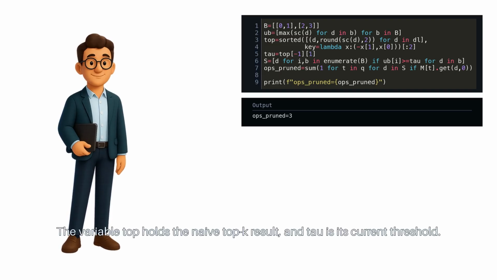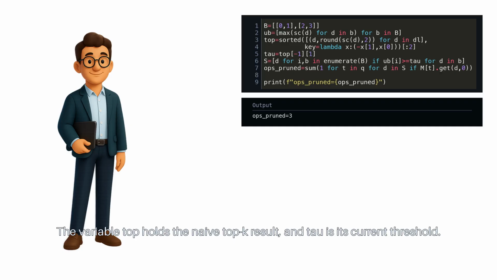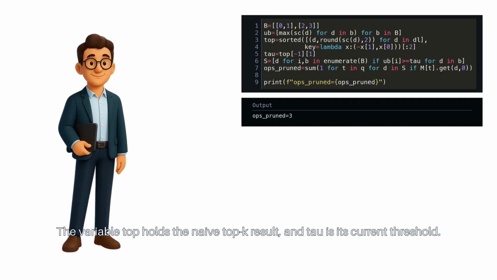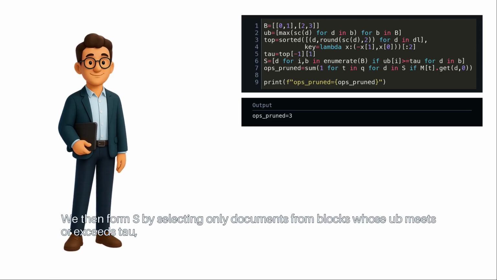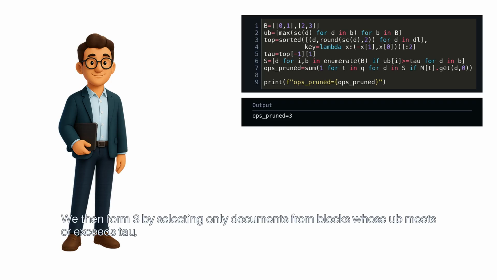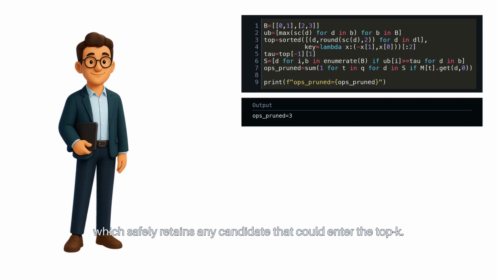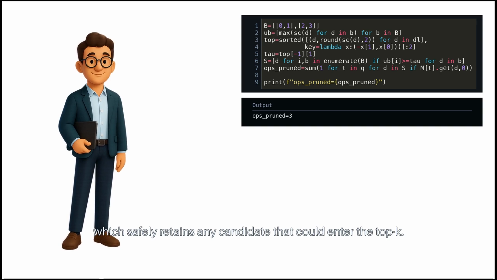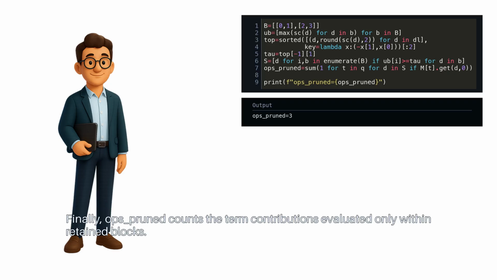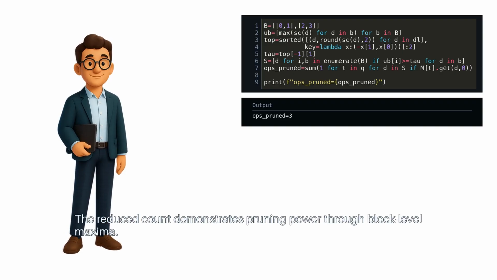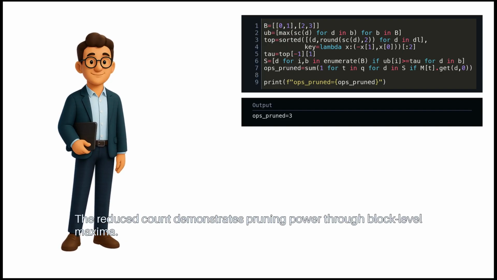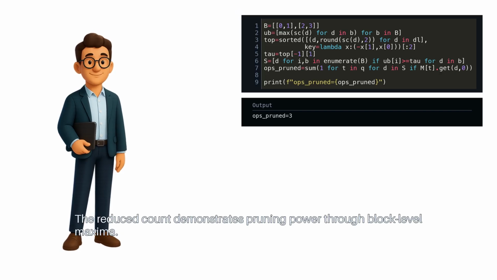The variable top holds the naive top K result, and tau is its current threshold. We then form S by selecting only documents from blocks whose UB meets or exceeds tau, which safely retains any candidate that could enter the top K. Finally, ops pruned counts the term contributions evaluated only within retained blocks. The reduced count demonstrates pruning power through block level maxima.